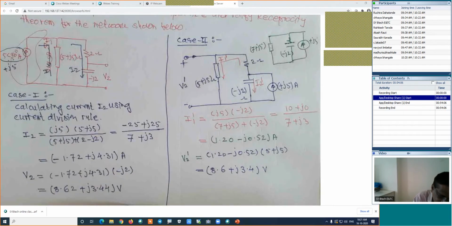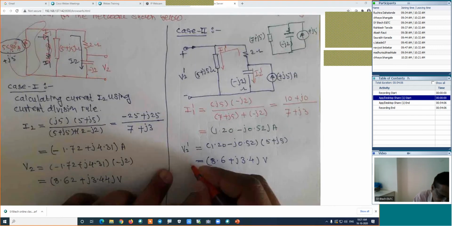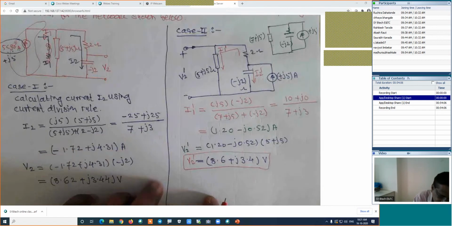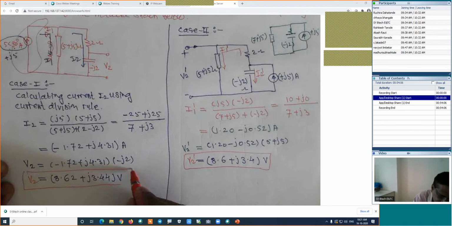Now, to verify this theorem, look at this part, V2 dash, this voltage, and look at this V2, this voltage. Both voltages are approximately the same. The errors in the calculation may be due to rounding error. Is it right?